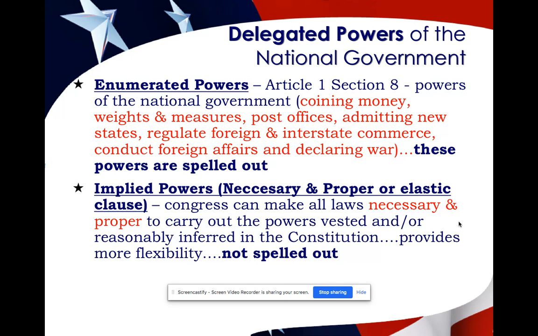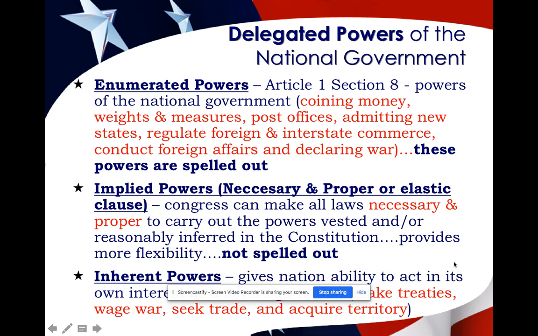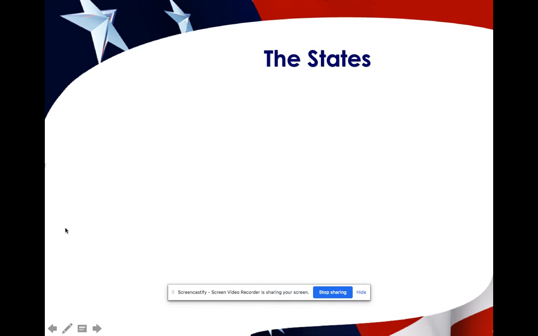This is where often courts get involved as well. And the inherent powers gives the nation's ability to act in its own interest, making treaties, waging wars, seeking trade, acquiring territory. So these are some of the powers delegated specifically to the national government.